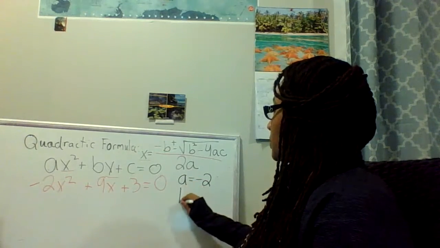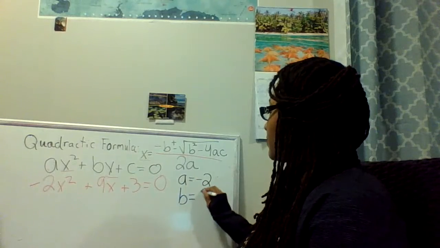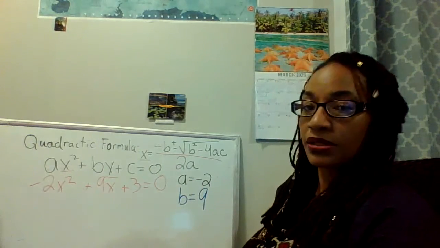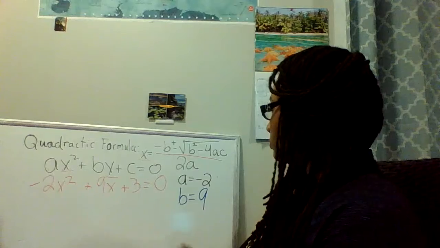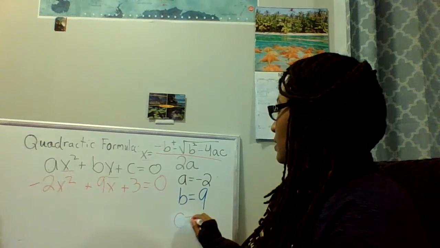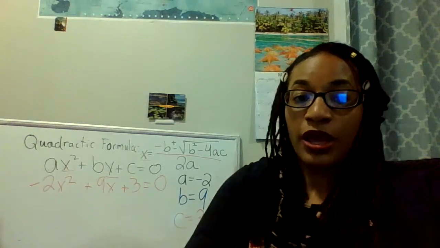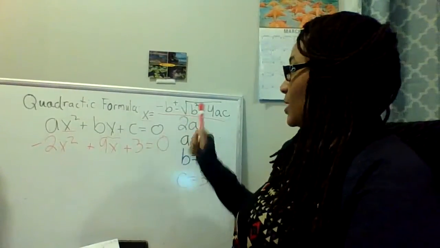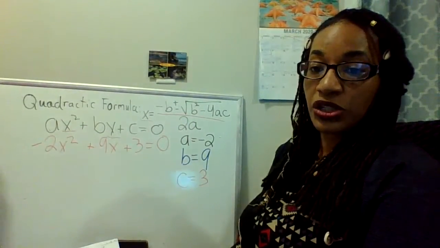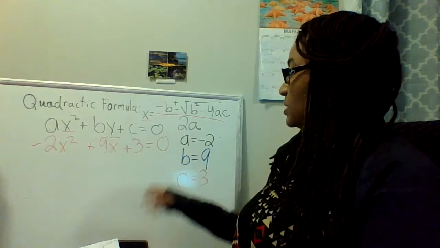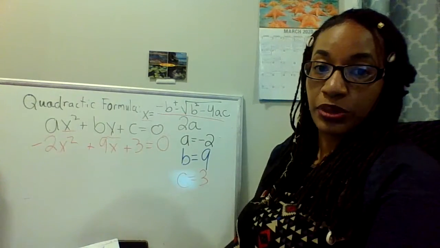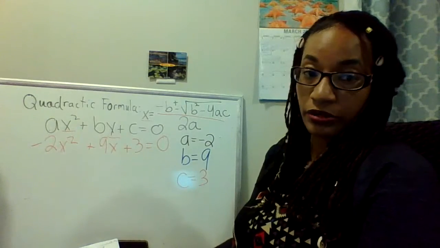B is going to be a positive 9. We don't have to write it positive, okay? C is 3. And all this information is going to be helpful when we plug it into this equation. So now we'll rewrite the equation with these numbers in these respective places, okay? So let's get started, all right?